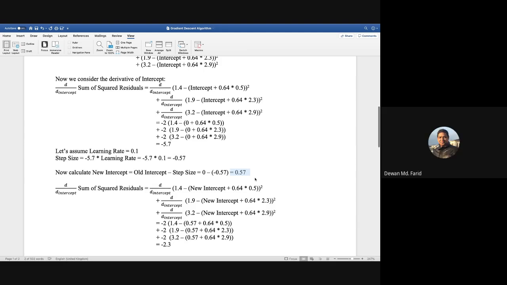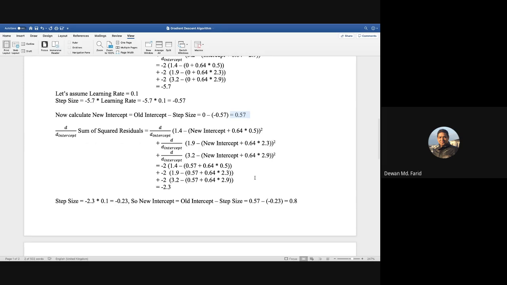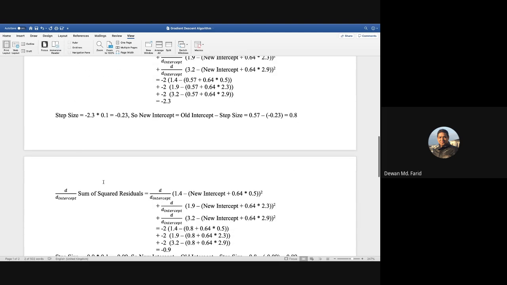Yes, sir. Okay. After having this value, we have to do the same thing again. We find the predicted value for each point, find the sum of squared residuals for all the points, and do the derivation. We get the new value, find the step size, which is this value times the learning rate, and find the new intercept.